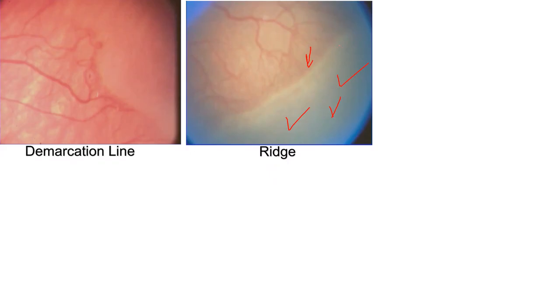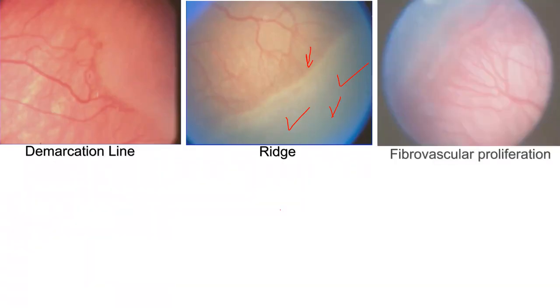It's clearly seen that it is a thickened and widened separation between the vascular and the avascular retina. Then this ridge forms fibrovascular proliferation. All these are blood vessels with fibrous tissue, but the retina is still attached. There is no retinal detachment.